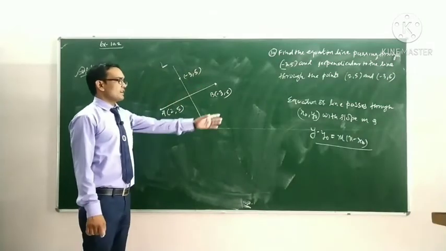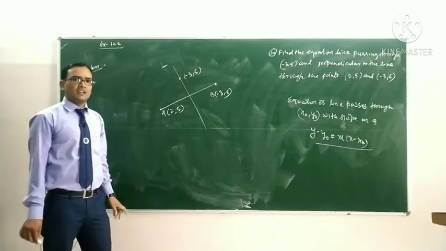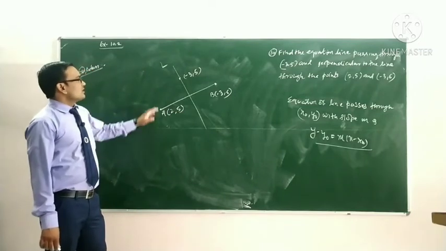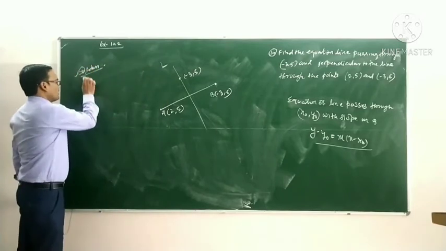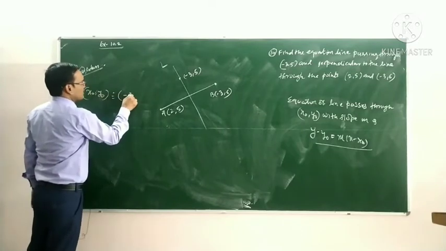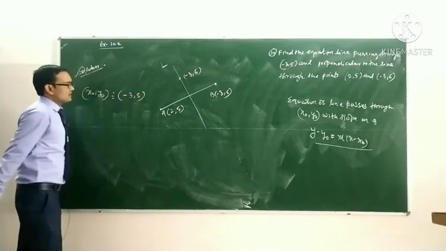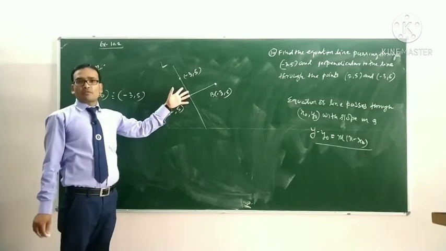Using this formula, we find the equation of the line L. Here the point x0, y0 is given, minus 3, 5, but the slope of the line is not given.